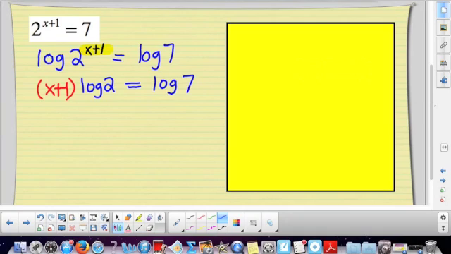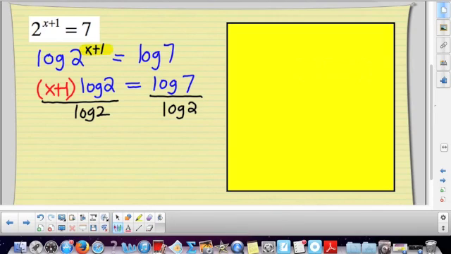Now, to isolate my x plus 1, what should be my next logical step? What's the next logical step, Kyle? Yes, divide both sides by log 2.